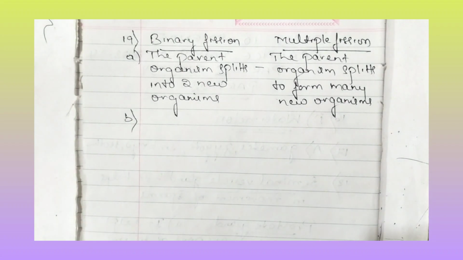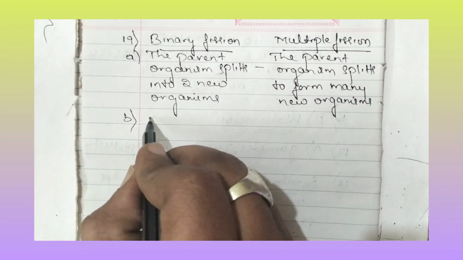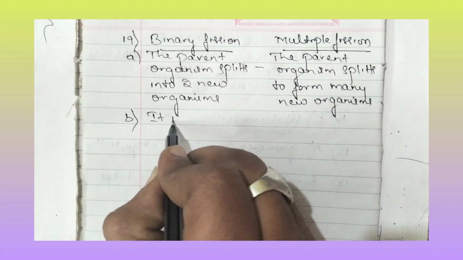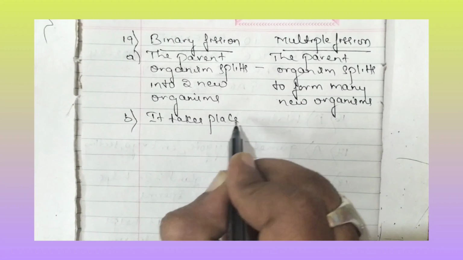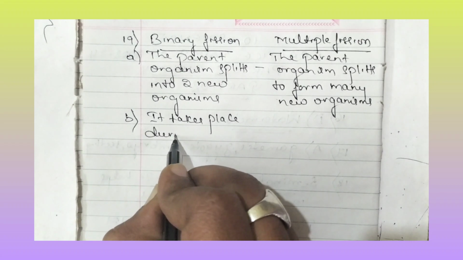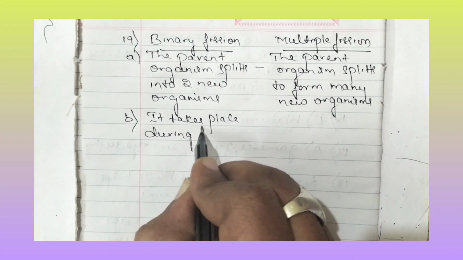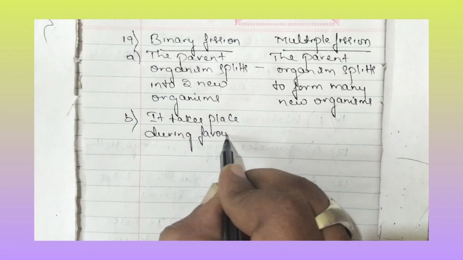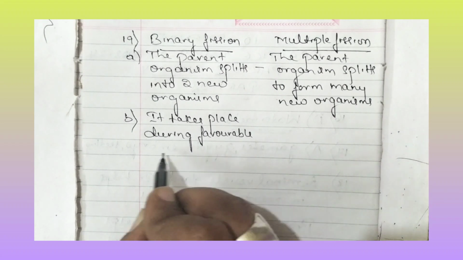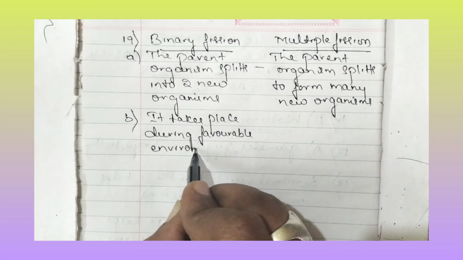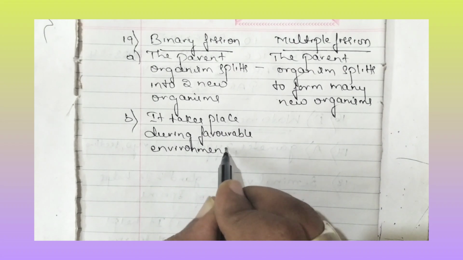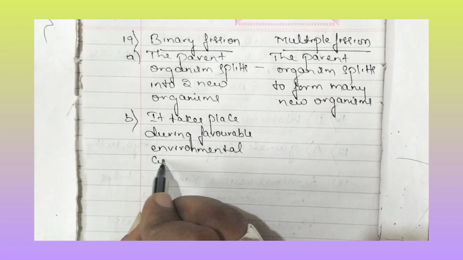Then coming to the second difference, binary fission takes place during favorable environmental condition.